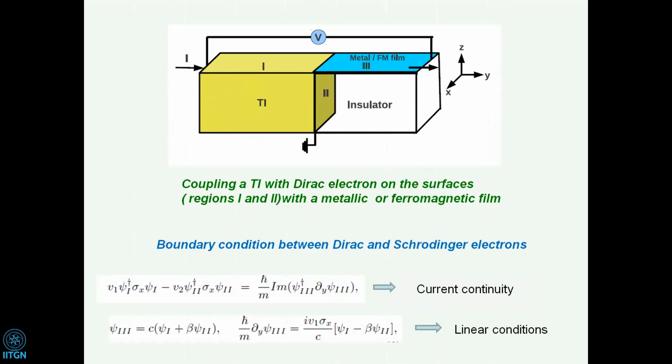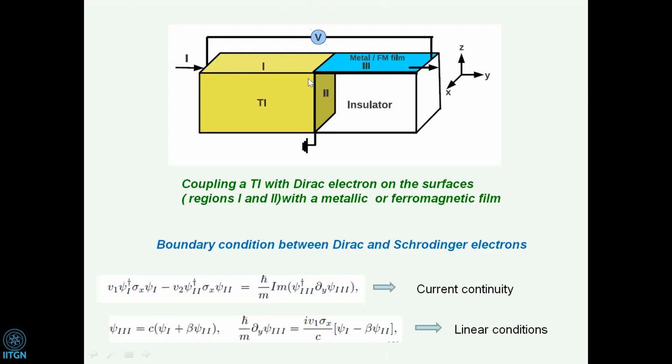So if I try to match the wave functions of an electron on the surface of a topological insulator with that of a metallic film, you normally cannot do it because there is a mismatch of the number of degrees of freedom.